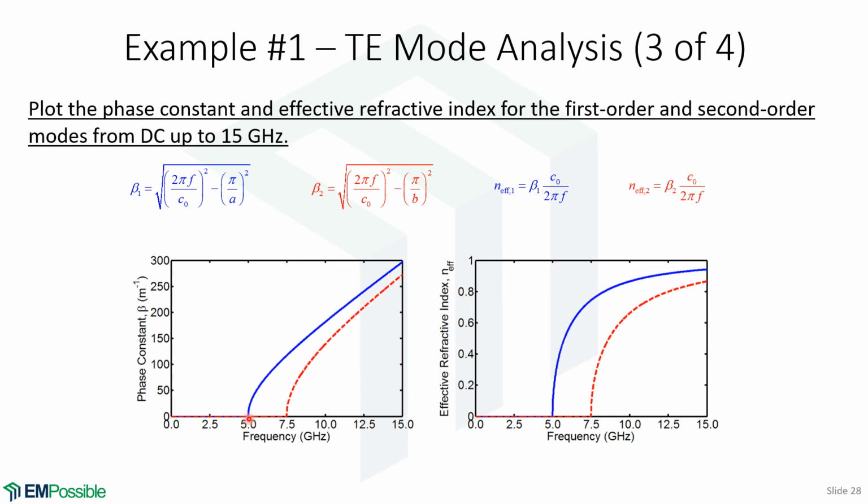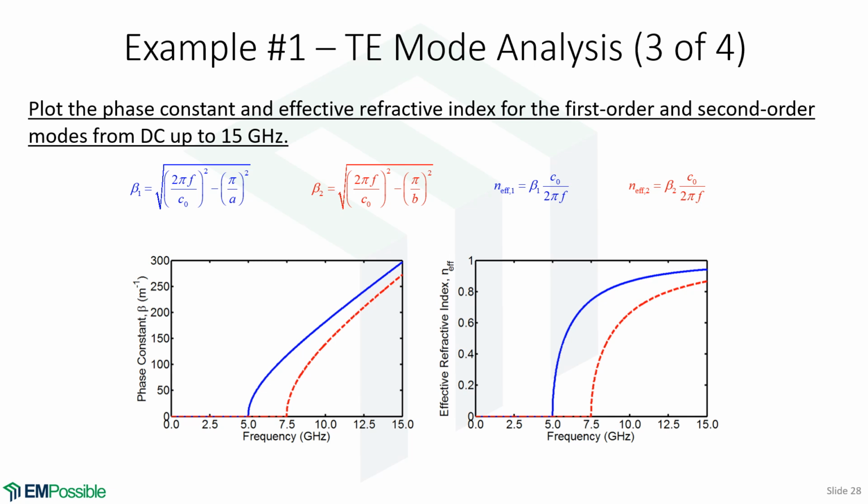It starts here at 5 gigahertz, and from there it increases. And it has a little elbow region, but at some point it just becomes a straight line. And getting a little bit advanced here in a side topic, we're looking at this curvature here, and that really means that the waveguide is very dispersive. If we have a signal occupying this bandwidth, each of those frequencies are going to be traveling at a different speed.